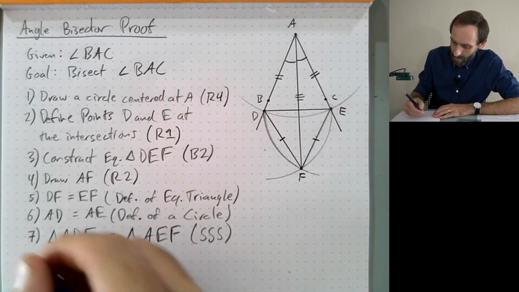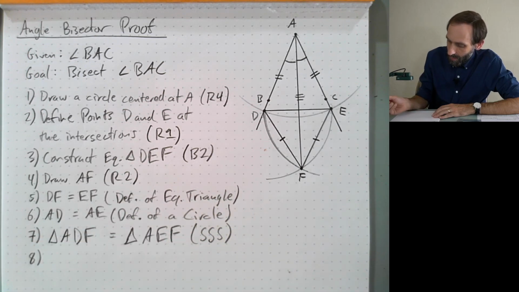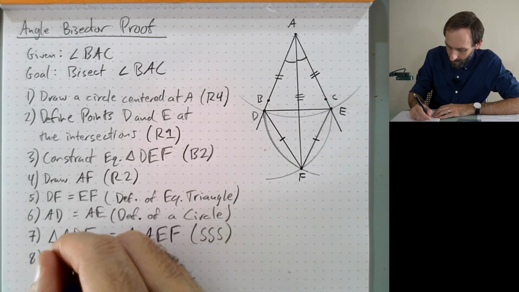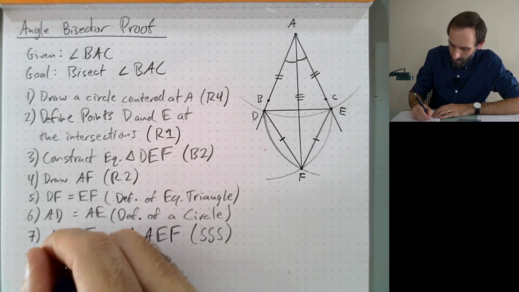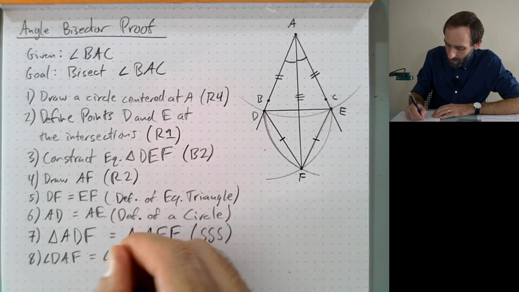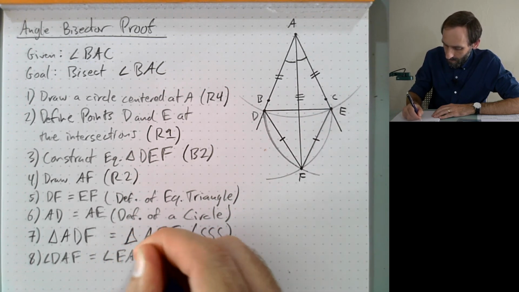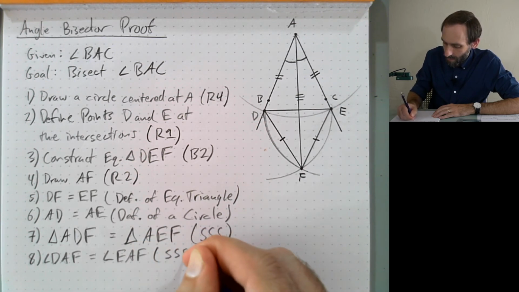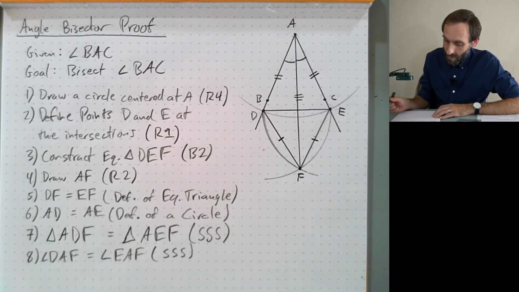Okay, so now that I know that these two triangles are equal, I'm going to state that those two angles must be equal. So step 8 is that angle DAF is equal to angle EAF. Once again, because the two triangles are equal by side, side, side, those two angles are equal, so I'm going to use side, side, side to justify that.